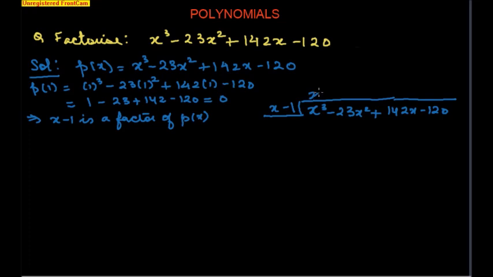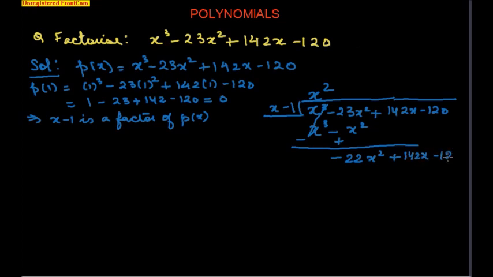The first term of the quotient comes out to be x square, and we get x cube minus x square. Because we have to subtract, so this gets cancelled, and I get minus 22x square plus 142x minus 120.